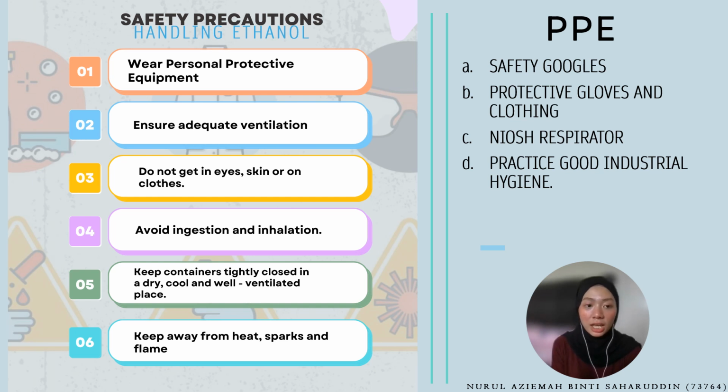Avoid ingestion and inhalation. Keep containers tightly closed in a dry, cool, and well-ventilated place. And last but not least, keep away from heat, sparks, and flame as ethanol is flammable. Examples of PPE are chemical safety goggles, protective gloves, and a respirator.